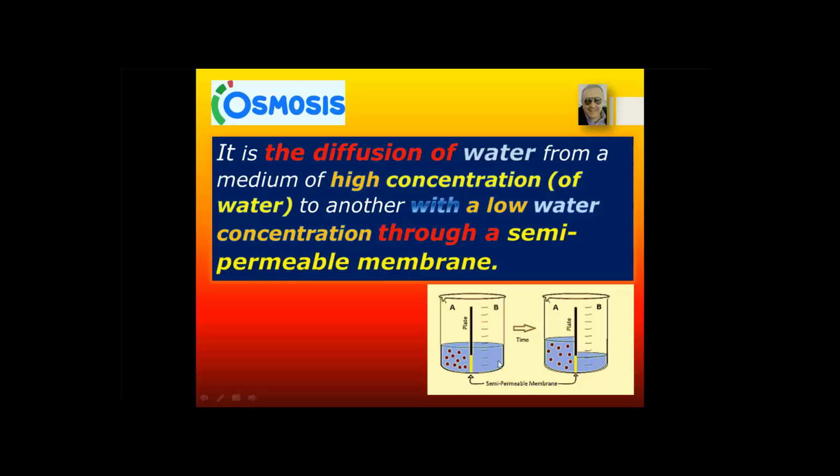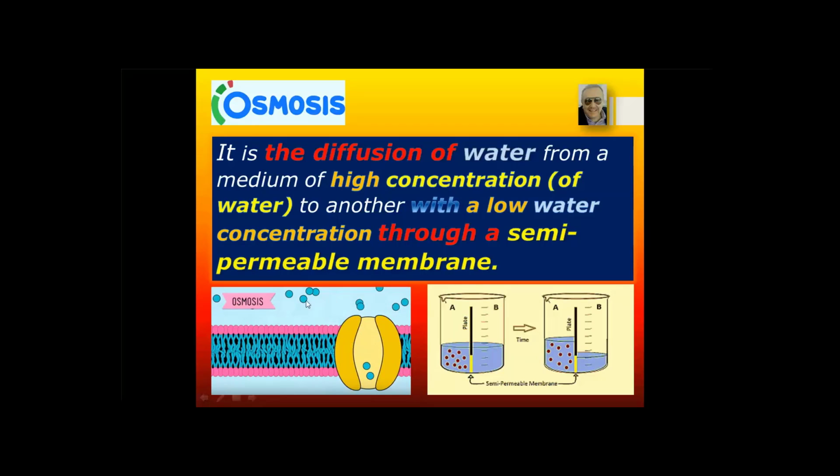So the water will move from the high concentration media to the low concentration media, from B to A. And so in the cells, from outside of the cell, where the water concentration is high, to inside of the cell, where the concentration of water is low.